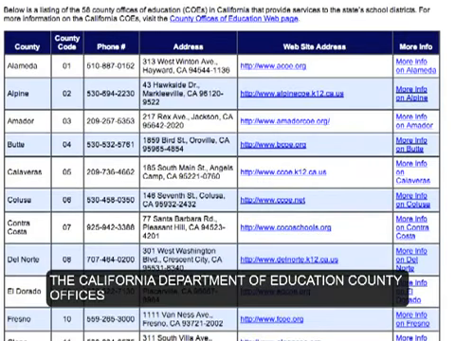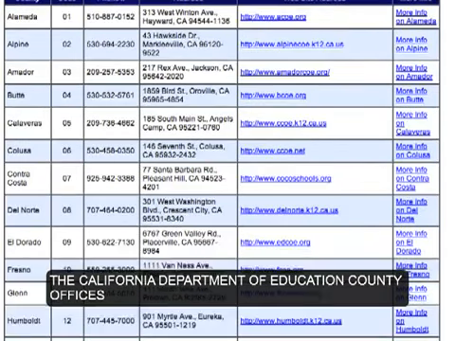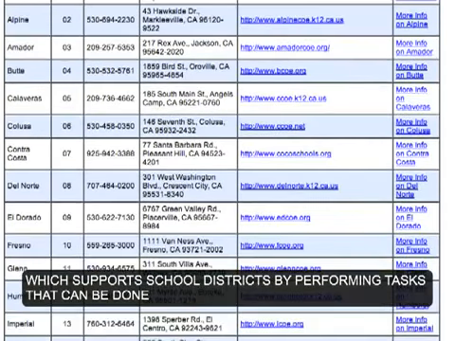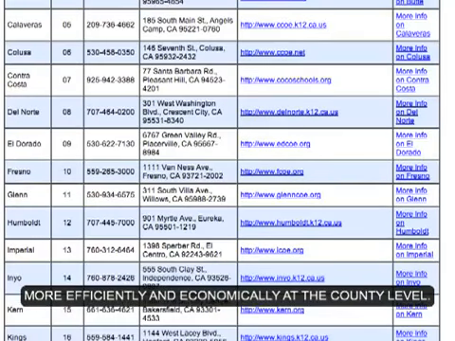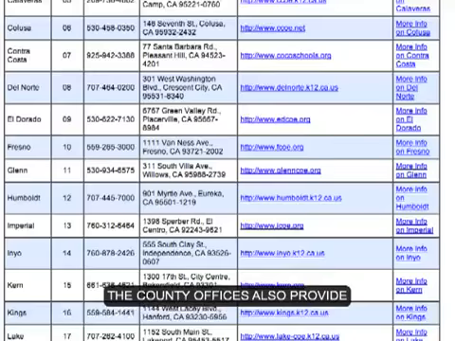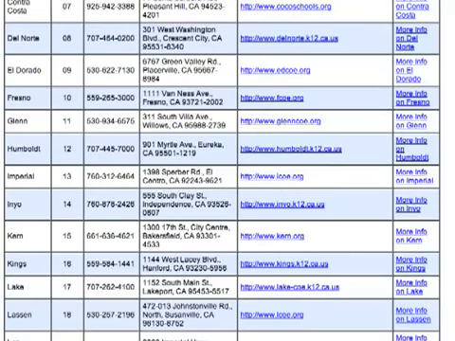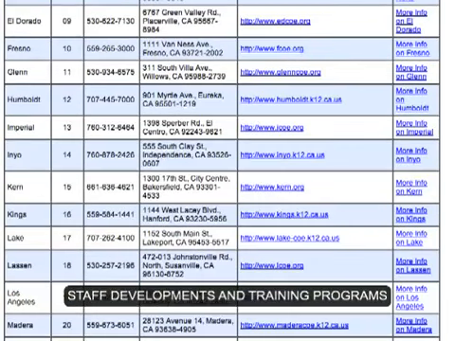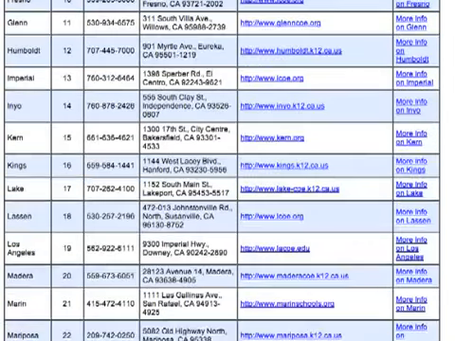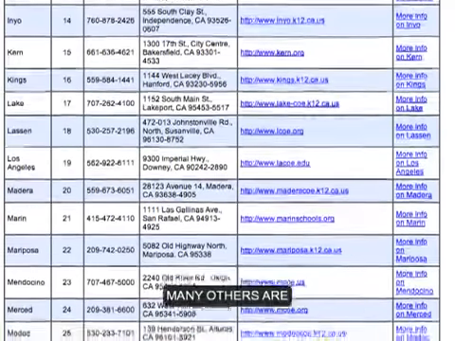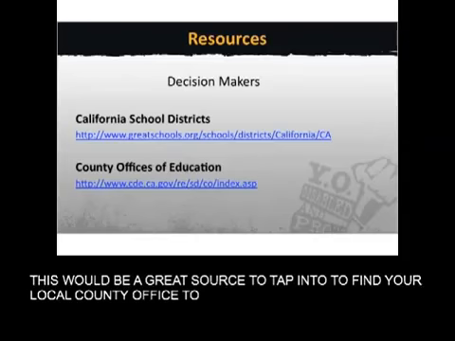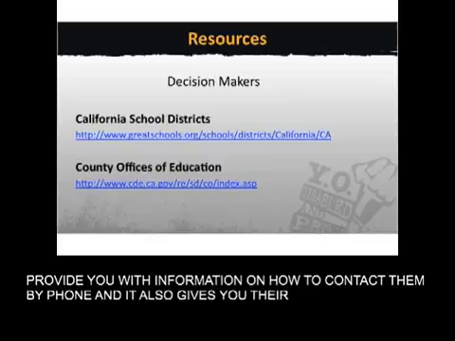The California Department of Education county offices support school districts by performing tasks that can be done more efficiently and economically at the county level. Offices also provide and help formulate new curricula, staff development and training programs, and instructional procedures, and they may perform many other services to meet changing needs and requirements. So this would be a really great source to tap into, and you can find your local county office.